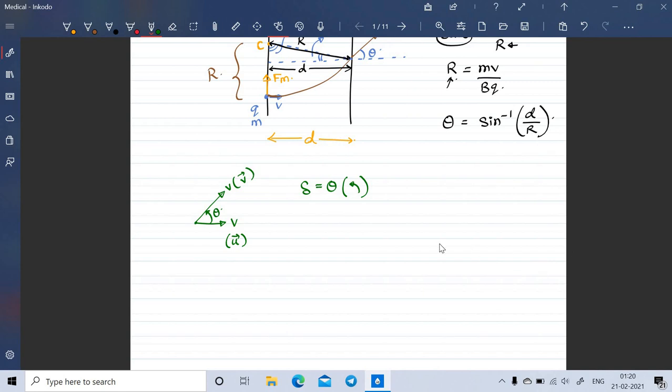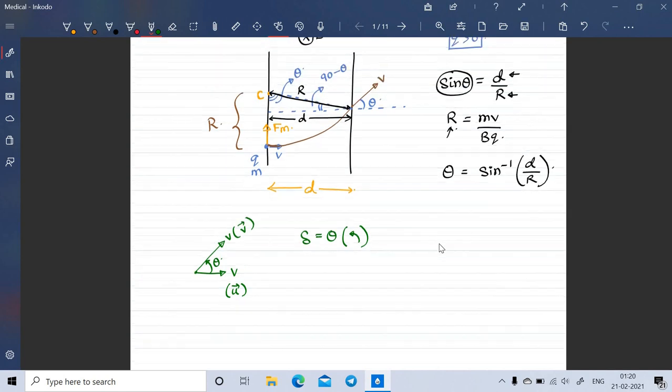How much time is being spent? So can I say about the center, it has covered an angle of theta. So time spent will be theta by omega. And omega is, as we know, Bq by m from our previous discussions.